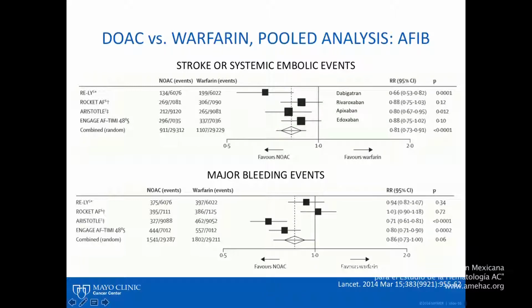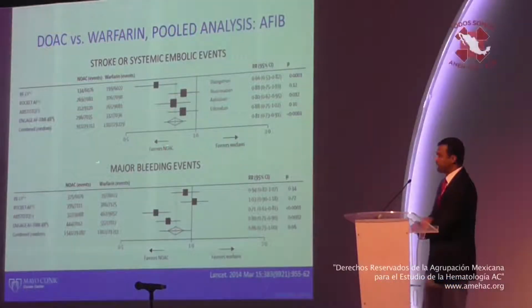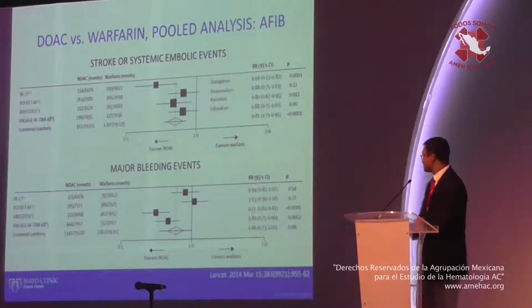Now, this meta-analysis was published in 2014 for the clinical trials looking at patients with atrial fibrillation. You can see that the forest plot favors use of the DOACs. Back in 2014, there was no standardization, so they used the term NOAC, novel oral anticoagulants.